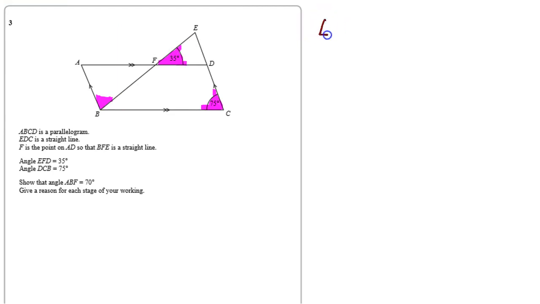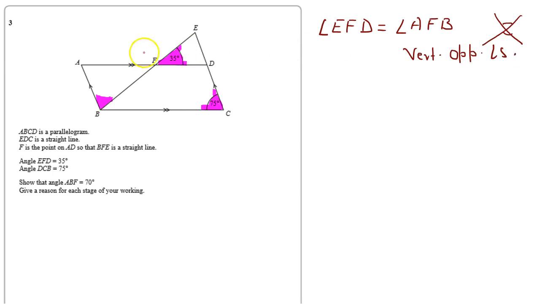Now angle EFD, this angle and this angle, are equal. They are called vertically opposite angles. So angle AFB is equal to 35 degrees.